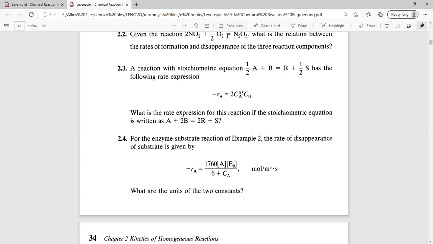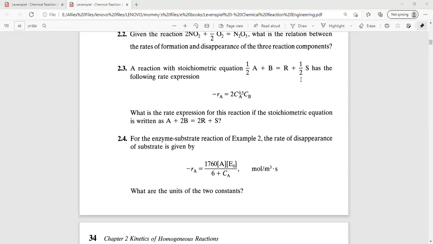Okay. What do you think, Joanna? Do you agree with Marcel that, actually, what happened here in A plus 2B forming 2R plus S is that you have multiplied the stoichiometric equation by 2?